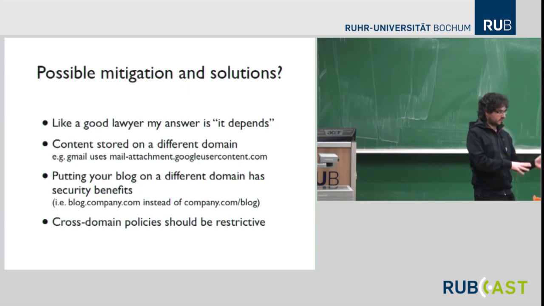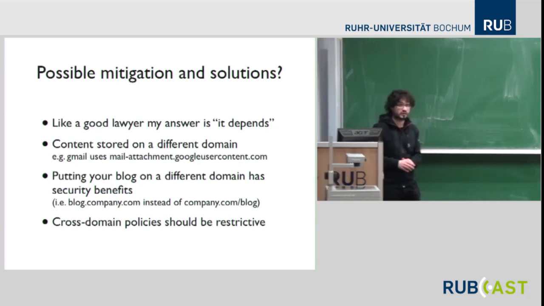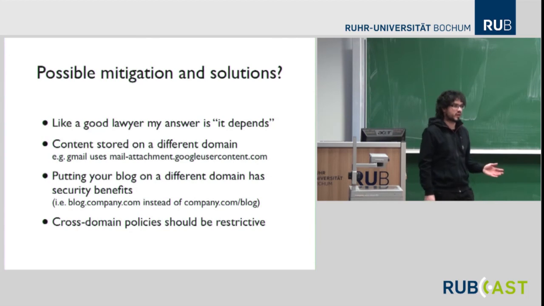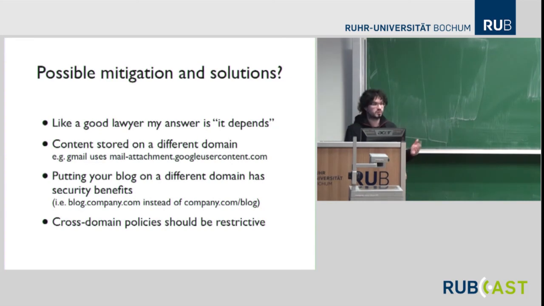Doesn't mean that that solves all the problems, of course, but it does help mitigate. And of course, cross-domain policies should never have an asterisk in there. Asterisk and security don't go very well together in the same sentence when it comes to cross-domain.